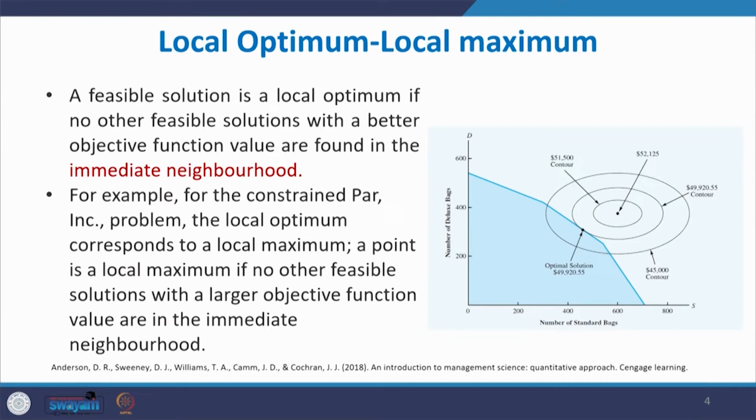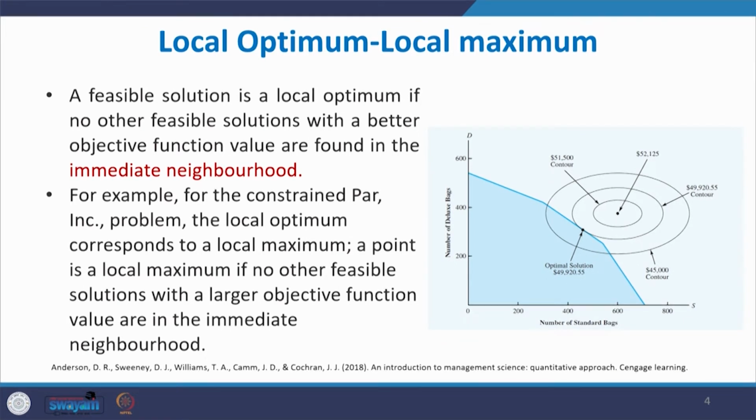First I will discuss local optimum in the context of local maximum. A feasible solution is a local optimum if no other feasible solutions with a better objective function value are found in the immediate neighborhood. So, when we say a solution is a local optimum, no other value is better than this value in the neighborhood.